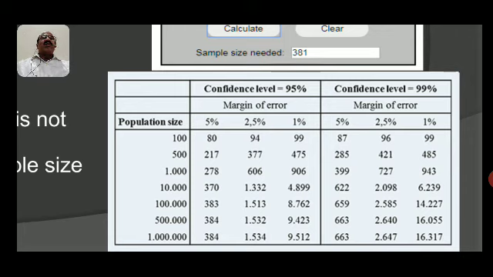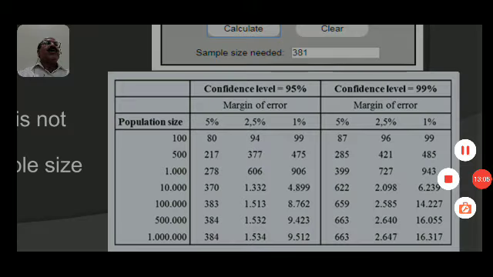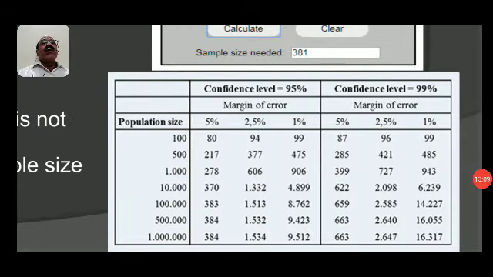But if you go to 1 lakh population size, with the same confidence level of 95% and margin of error of 5%, you will see that the sample size is 384 only. So 5 lakh is 384, 10 lakh is also 384, 1 lakh is 383.